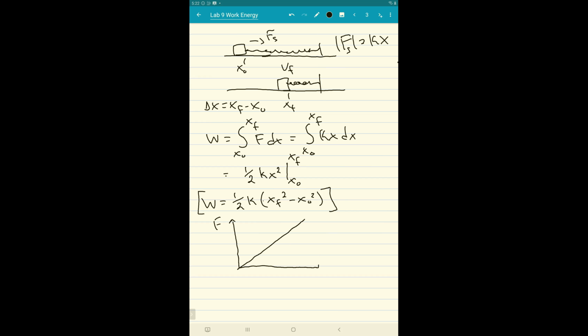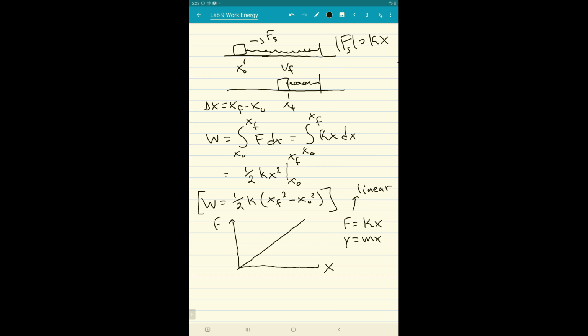You're going to have a force applied over a distance, and this thing is a linear force. It's equal to negative kx, right? So F equaling kx, it's kind of like y equals mx plus b, but b is 0 here, right? So it kind of looks linear, and that's the idea, is that it is linear.